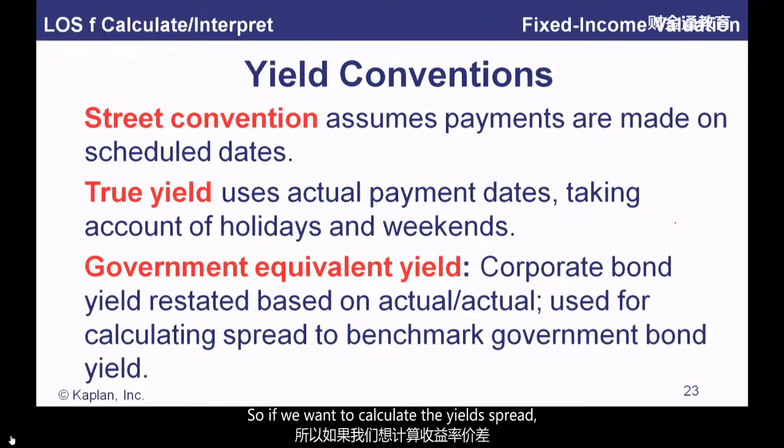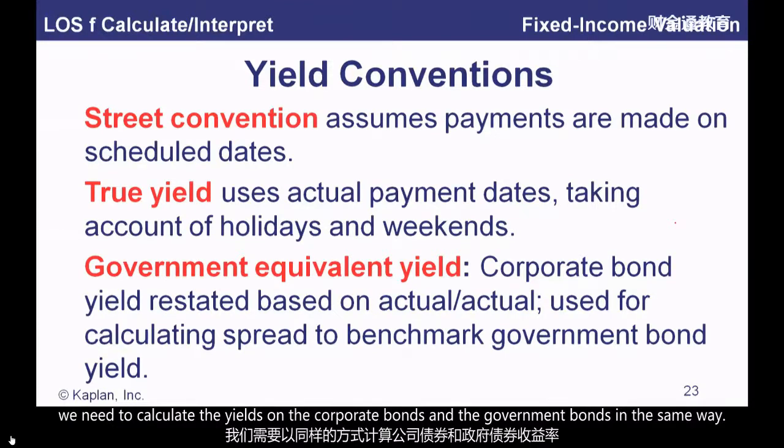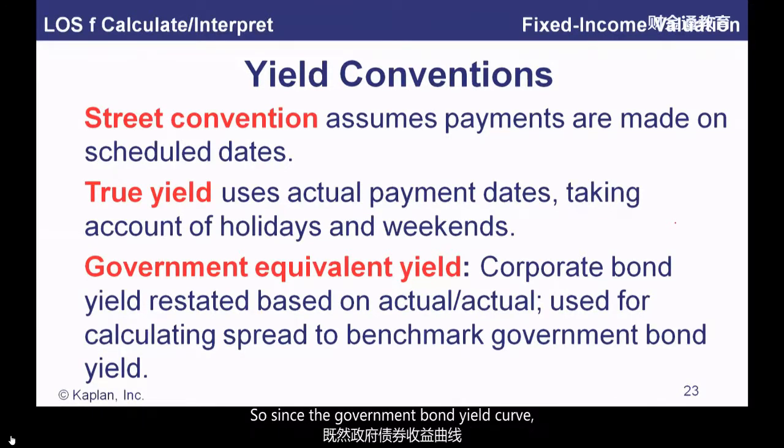So if we want to calculate the yield spread, that is the difference between a government bond yield and a corporate bond yield of the same maturity, well, in order to get a more theoretically correct spread, we need to calculate the yields on the corporate bonds and the government bonds in the same way.